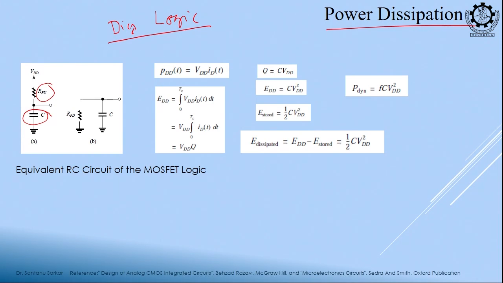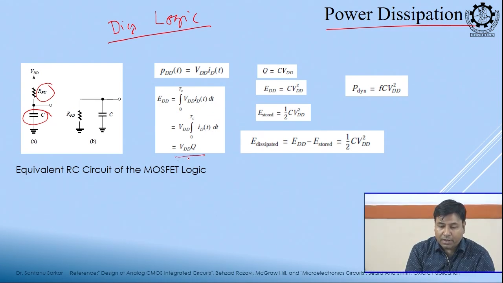P is equal to the total supply voltage times total current. So, VDD into ID. Okay. The current flowing through this is, suppose, ID. So, power dissipation is VDD into ID. Now, if we want to find the energy, we will integrate this over a time period 0 to T, and it will come as VDD into Q. Now, considering this capacitance, we know that Q is equal to C into V, right.